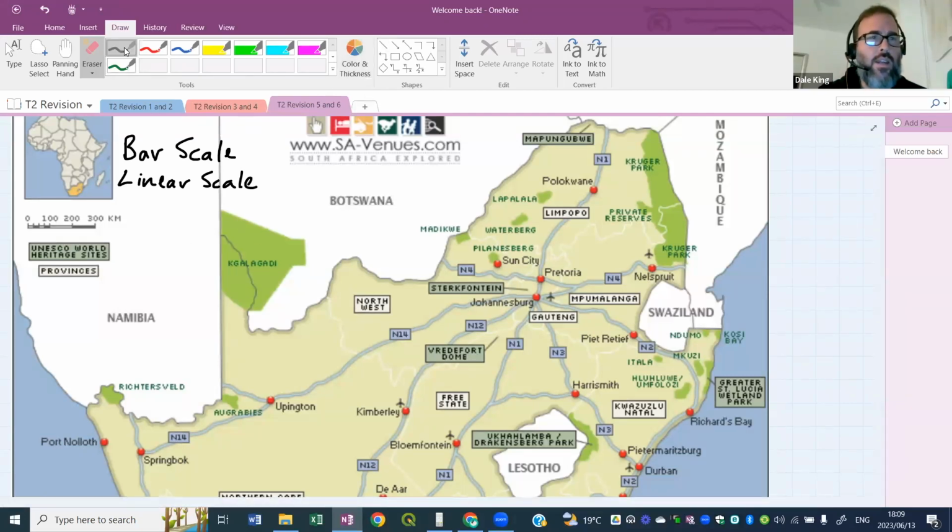Excellent. So just like Emmanuel said, you've got to use your ruler for this bar scale, sometimes called a linear scale. So if I have a ruler, I'm going to draw a very basic ruler underneath it here. In fact, let's leave the arrows out and draw a perfectly straight line. You will put your ruler underneath this bar scale here.